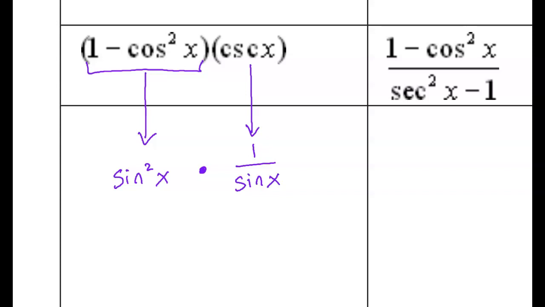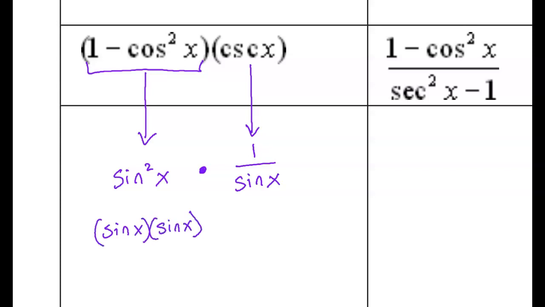Now here I'm multiplying sine squared of x times 1 over sine of x. So these are variable functions here, right? Our variable is what the function is applying to. So if I have sine squared of x, it actually means, if I was to write this out, that it's sine of x times sine of x, right? There are 2 of them.